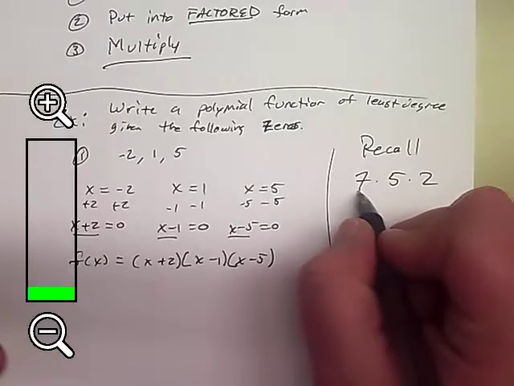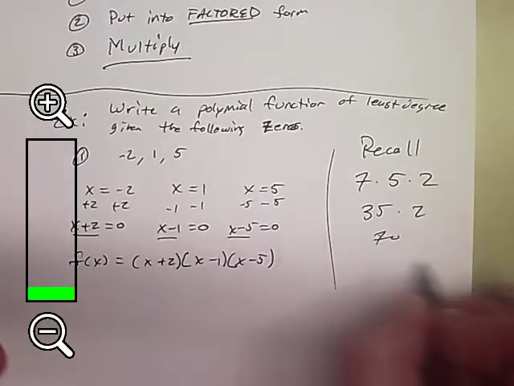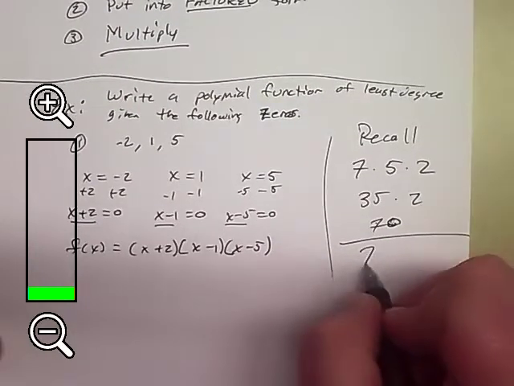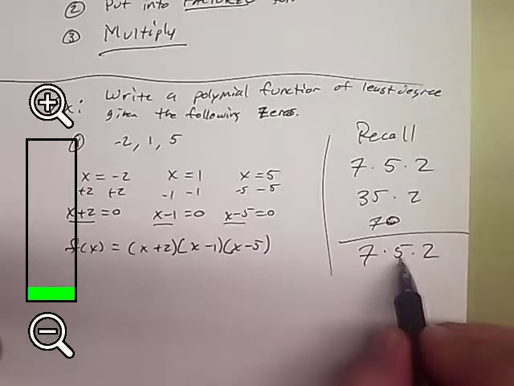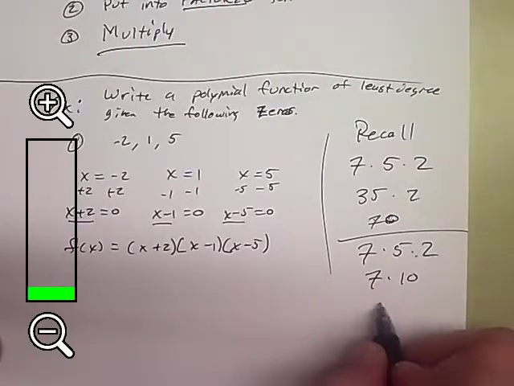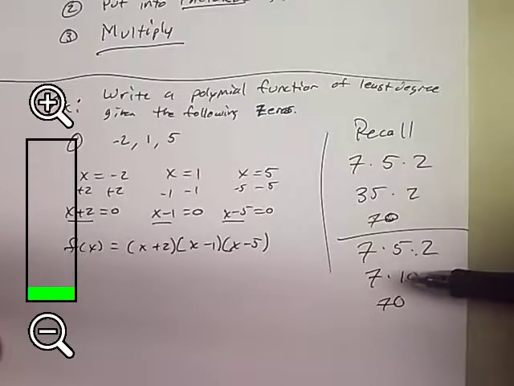If I wanted to, I could do 7 times 5 is 35, and 35 times 2 is 70. I could have also said 5 times 2 is 10, so 7 times 10 equals 70, right?